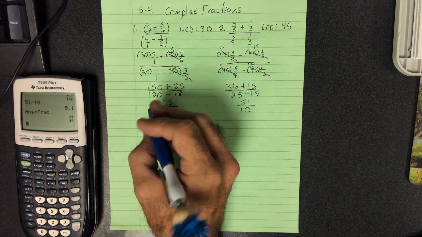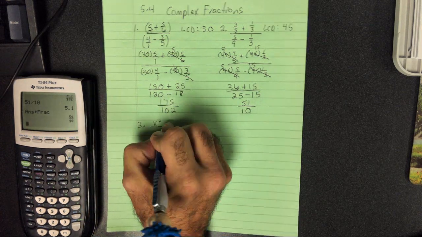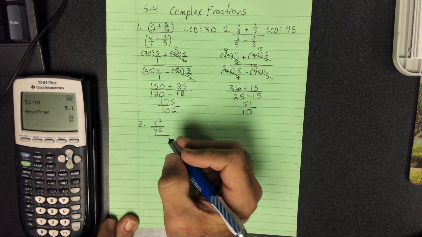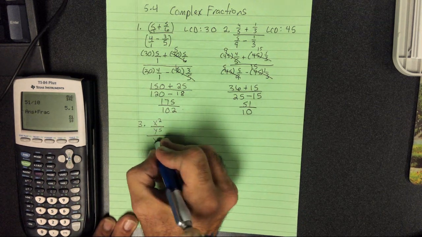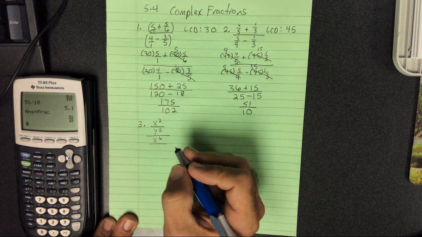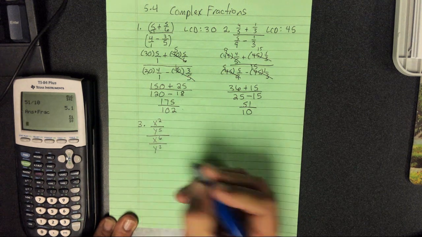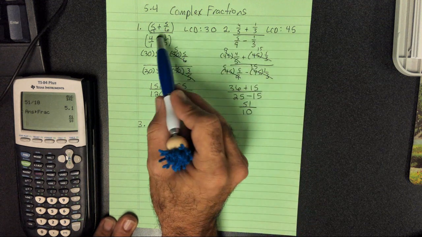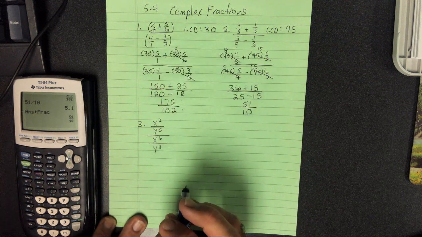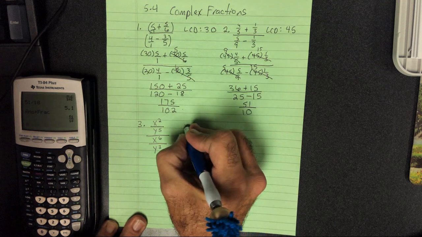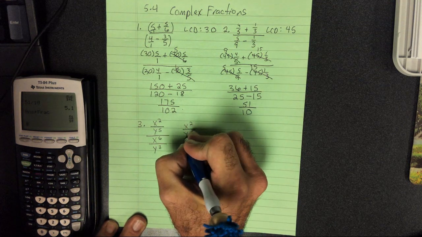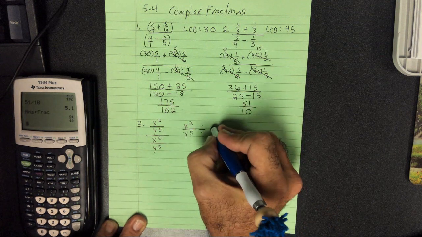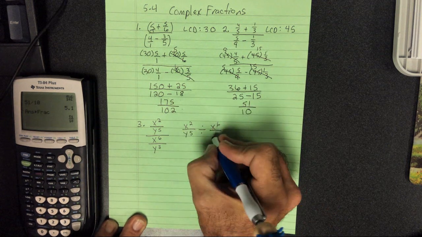Number 3 has x squared over y to the 5th divided by x to the 6th over y to the 3rd. Notice these are single terms on top and bottom instead of the binomial type terms. So what I want to do is make this x squared over y^5 divided by the x^6 over y to the third.